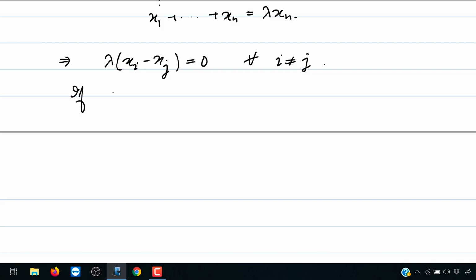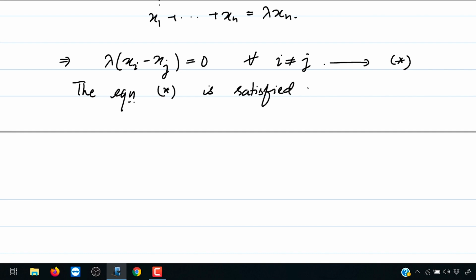If lambda is equal to 0, then this equation is satisfied, right? So let me write it like that. The equation star is satisfied for lambda equal to 0.